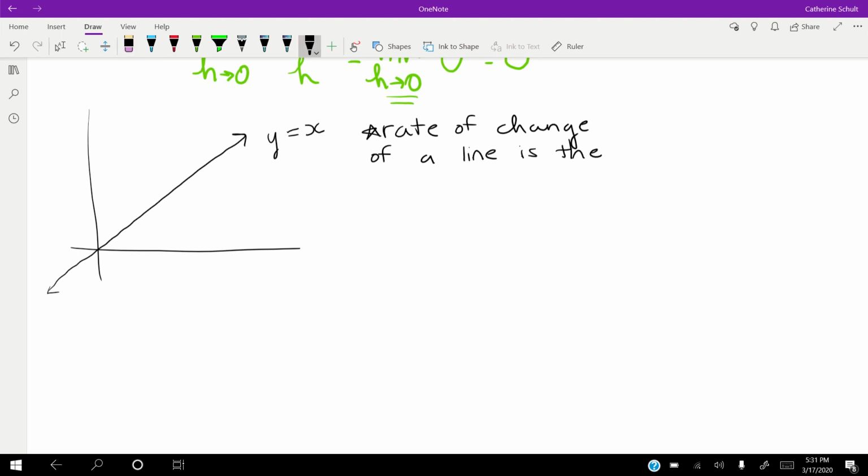Okay, so the rate of change of the line is the slope of the line. And since we know that the rate of change is the derivative, then the slope is the derivative.